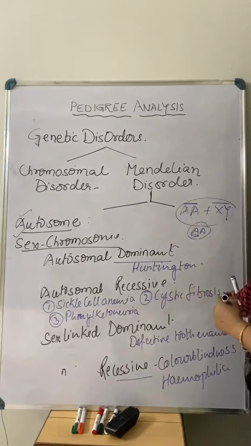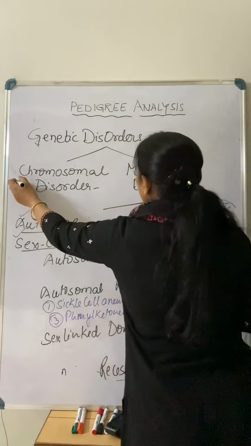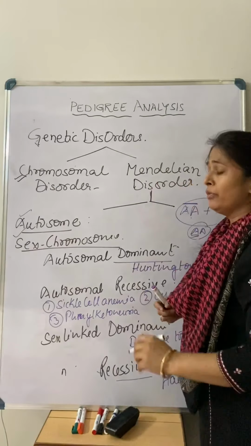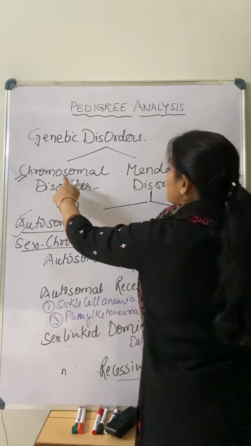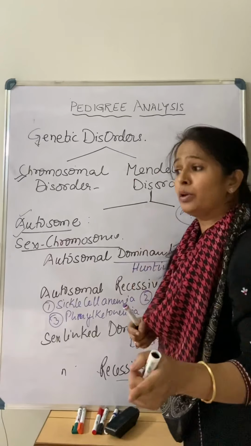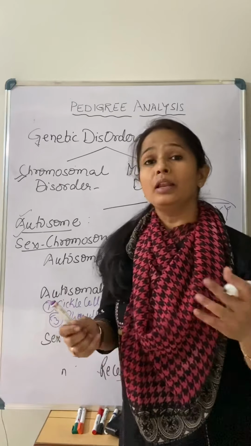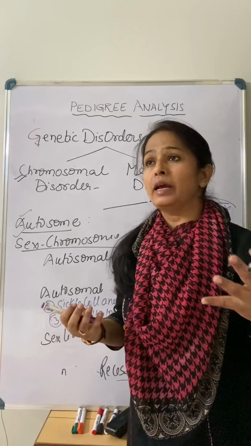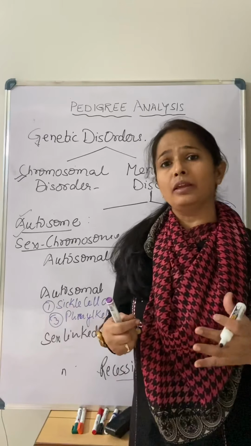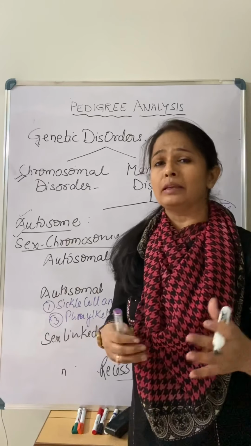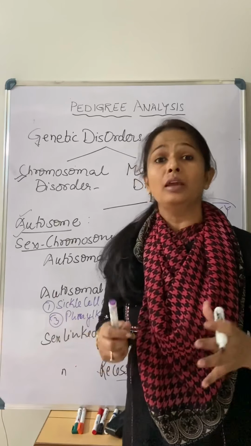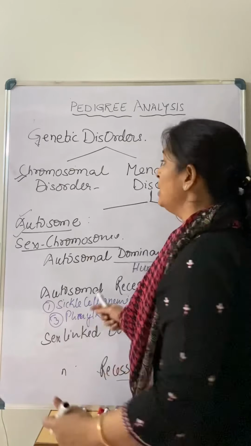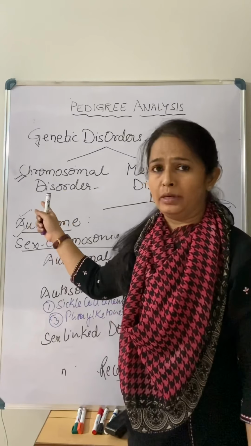And here one more thing that I want to tell you. If you talk about the chromosomal disorder, as I told you in the mutation also, when there is a failure of the cytokinesis, and due to that there is an addition or deletion of a whole set of chromosomes, that time we call it a chromosomal disorder, right?